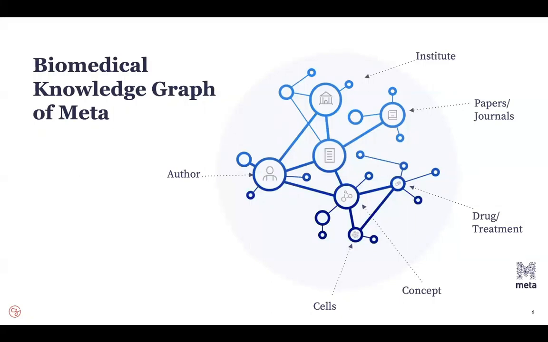It continues to grow at a pace of over 4,000 new papers every single day. So this is the high-level information on the biomedical knowledge graph of Meta. I'll have my colleague Ziyang walk us through how we have built it.